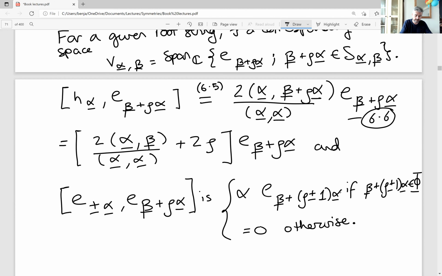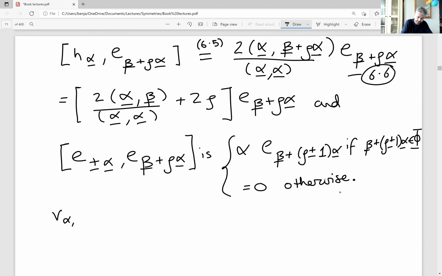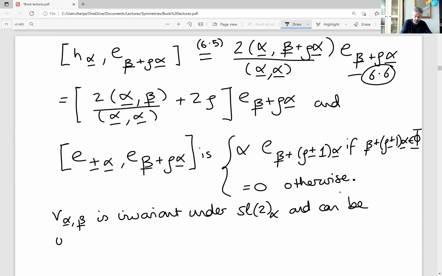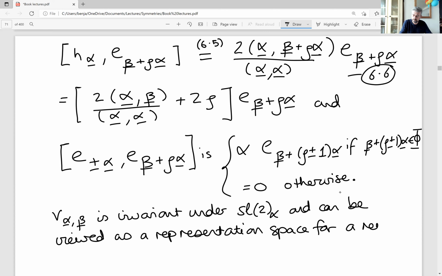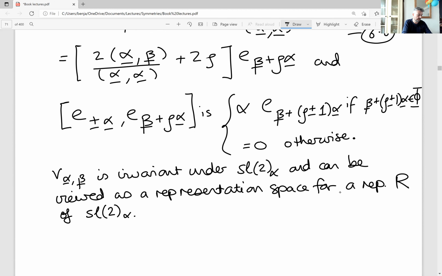Okay, so we defined this vector space at the end of last time, V alpha beta. Now this space is invariant under this SL2 alpha, and so this can be viewed as a representation space for some representation R of SL2 alpha, or this Lie algebra of SU2, the complexified SU2.